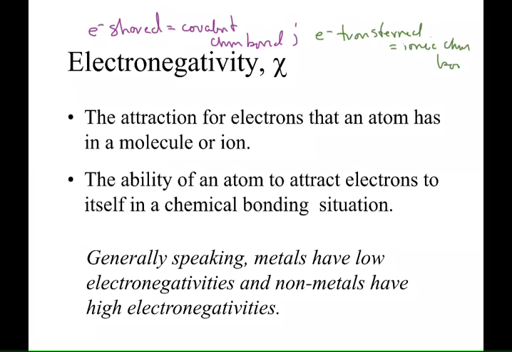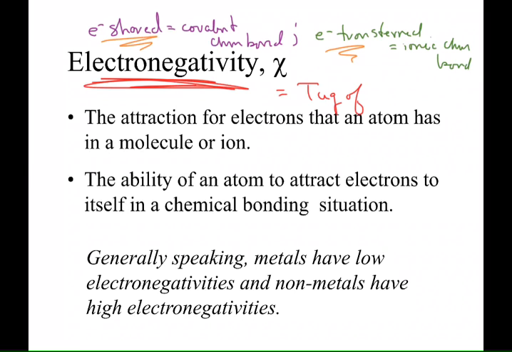Now, why would electrons be shared between atoms, out of the goodness of their heart, or why would an electron be transferred? Well, at the crux of that is this idea of electronegativity. To me, electronegativity is like the tug of war.